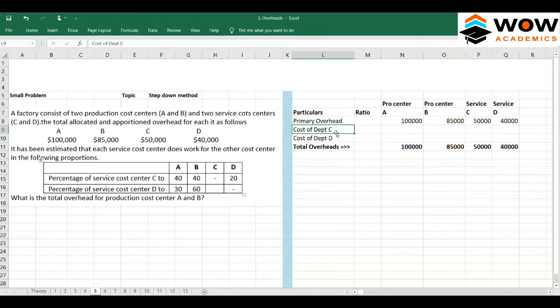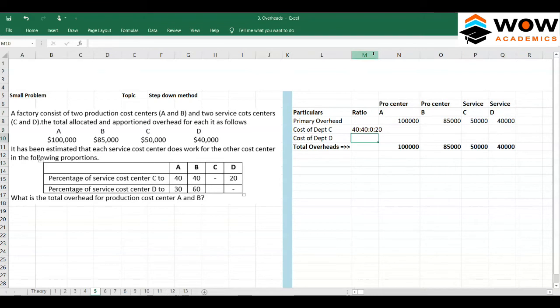Department C would work like this. It would be 40 is to 40 is to 0 is to 20. That is going to be the ratio here.